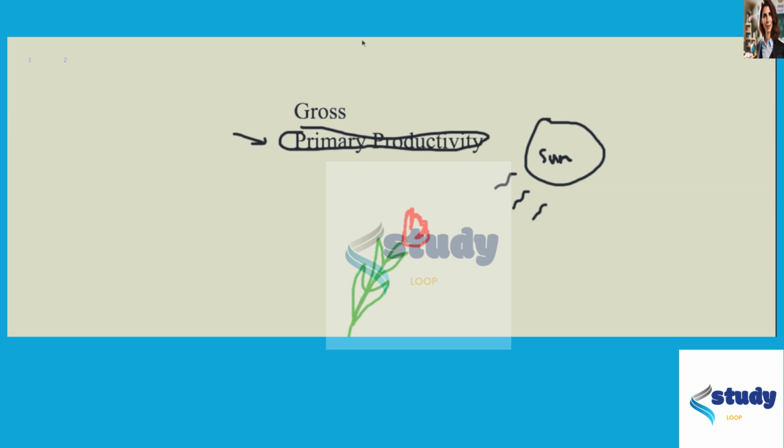So primary productivity, which is related to the term primary producers, is related by definition to energy transfers and plant life in a terrestrial environment. So in that case, gross primary productivity is the total amount of energy in the primary producer trophic level at a given point in time.